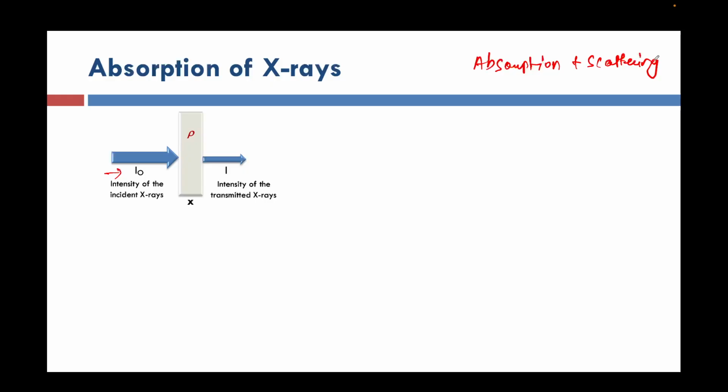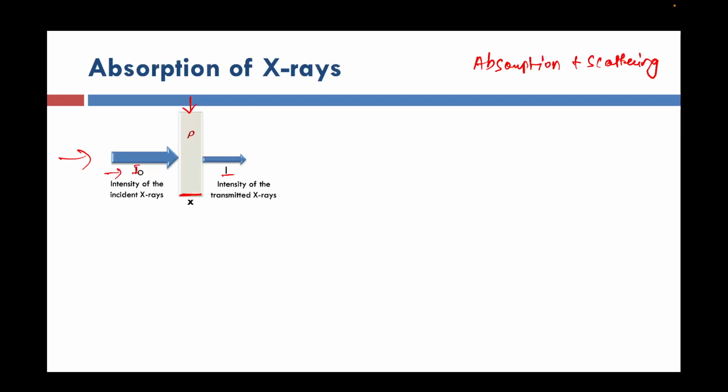First we will talk about the absorption, how the X-rays are getting absorbed. Let's say X-rays are going, and the intensity of the incident X-rays is I naught, and I is the intensity of the transmitted X-ray. That's all we have to know. The material is placed in the path of this incident beam, and its thickness is x.